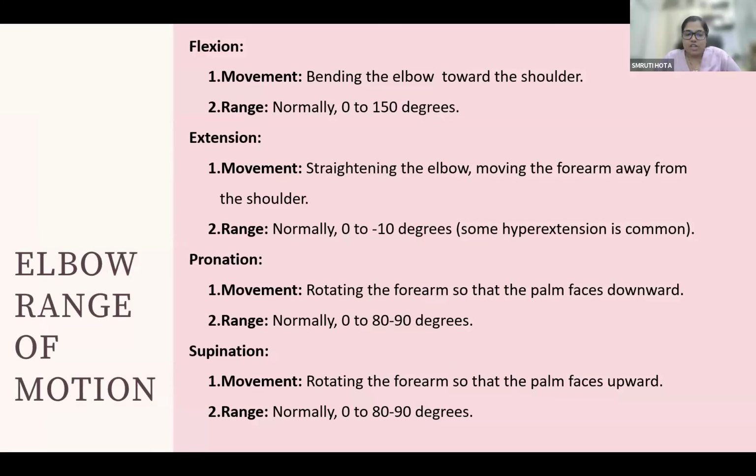Similarly, after inspection and palpation comes range of motion. In the elbow, range of motion is somehow restricted, and mostly flexion and extension are affected. Flexion is done by bending the elbow towards the shoulder, and this movement is 0 to a maximum of 150 degrees. Extension is straightening the elbow, moving away from the shoulder.